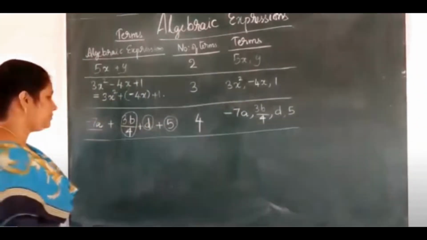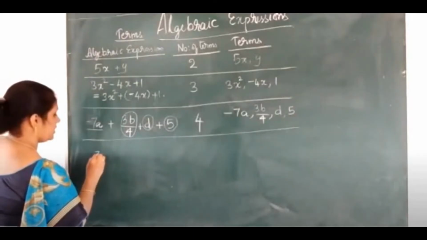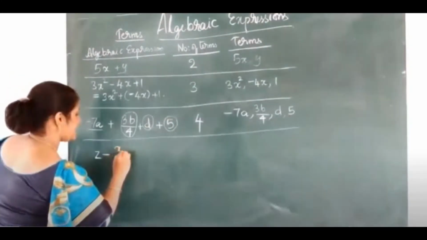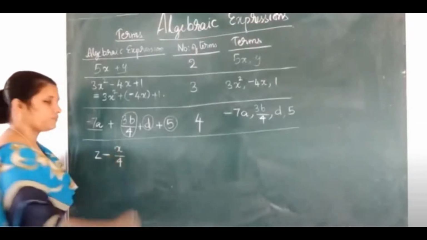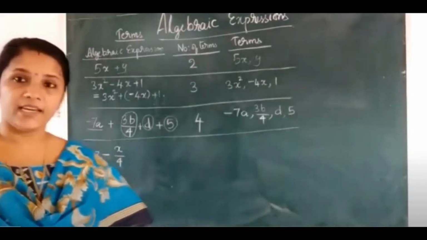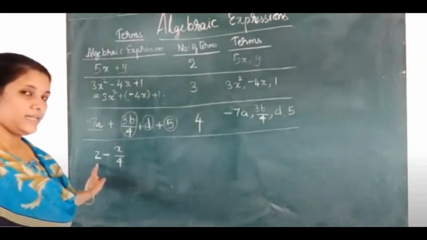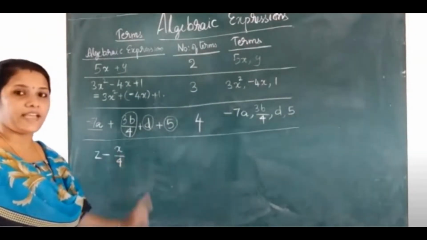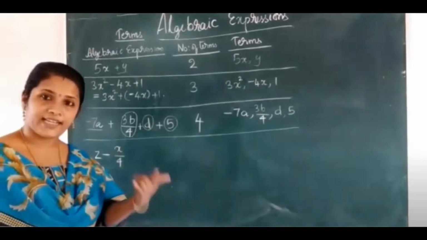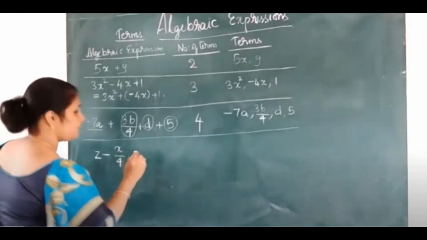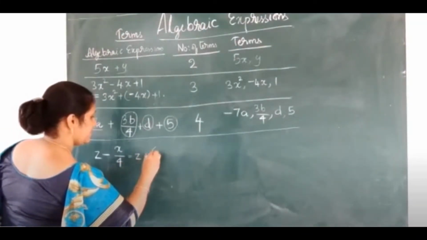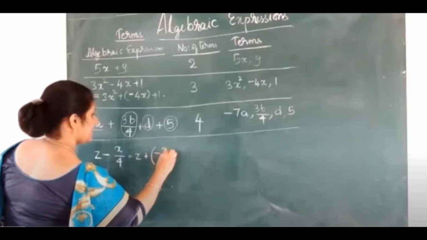Another example: z minus x by 4. How many terms are here? z is one term. Negative x by 4 is the second term. So, I am rewriting it as z plus minus x by 4.